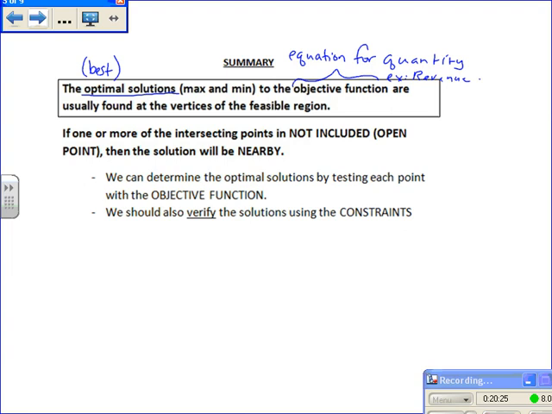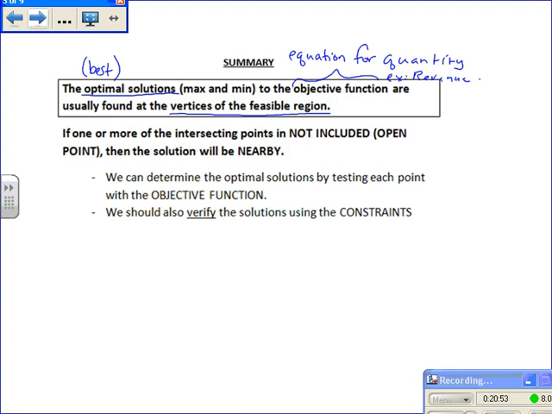There's something that you want to keep low or you want to have as high as possible. And the optimal solutions for that equation are found at the vertices of the feasible region. So that feasible region is your shaded area where all of the shaded areas overlap, and you're looking for the points where those lines that you graphed cross, okay, the vertices.